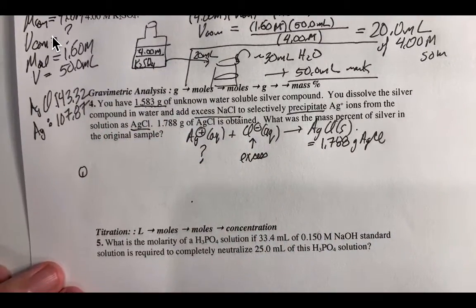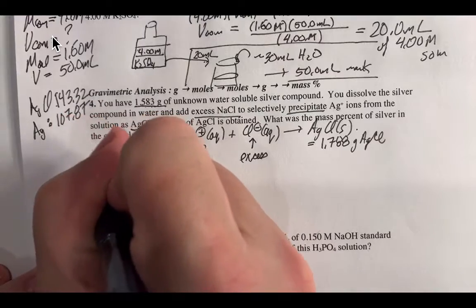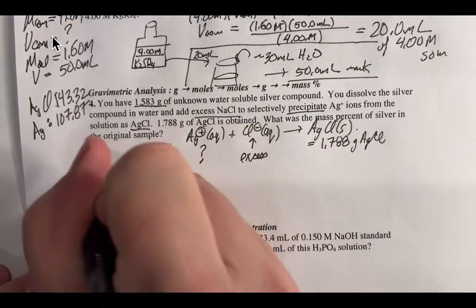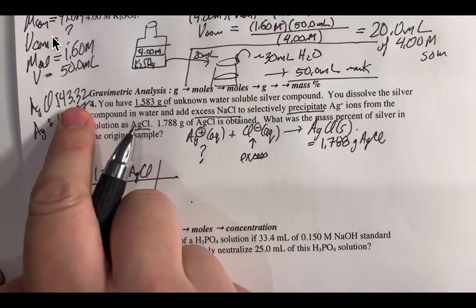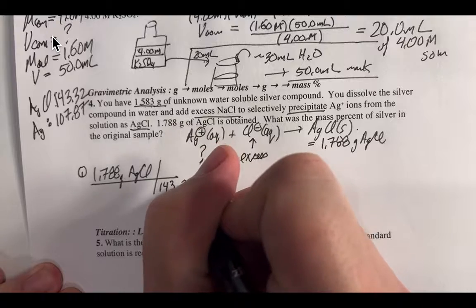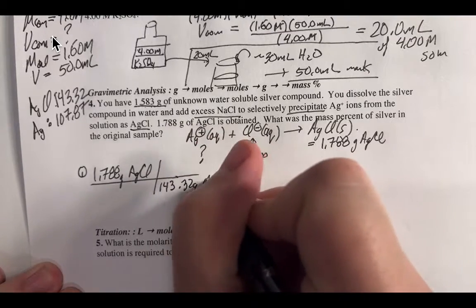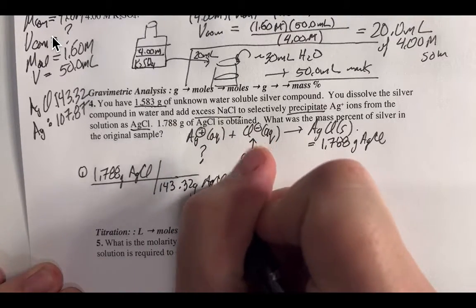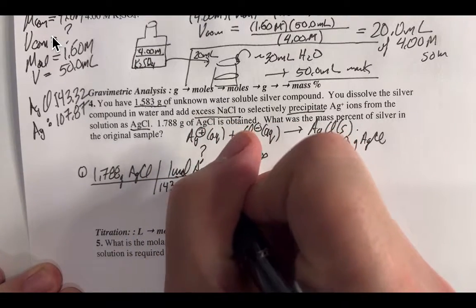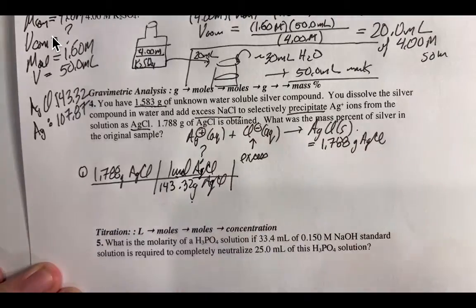So, 1.788 grams of silver chloride. Went ahead and calculated the molar mass for myself here, 143.32 grams of silver chloride. And 1 mole.